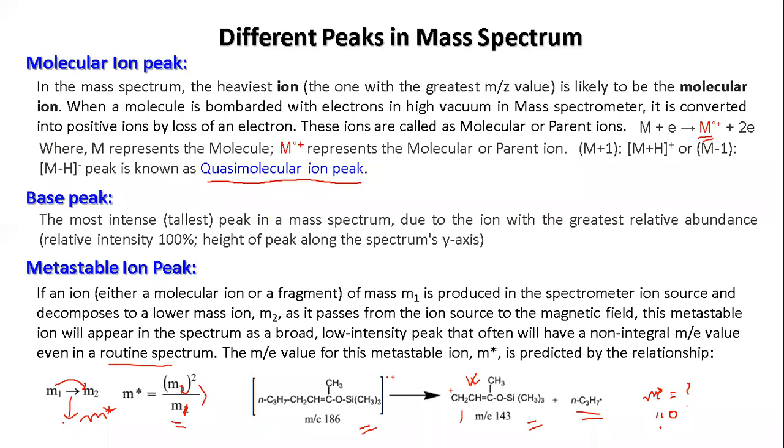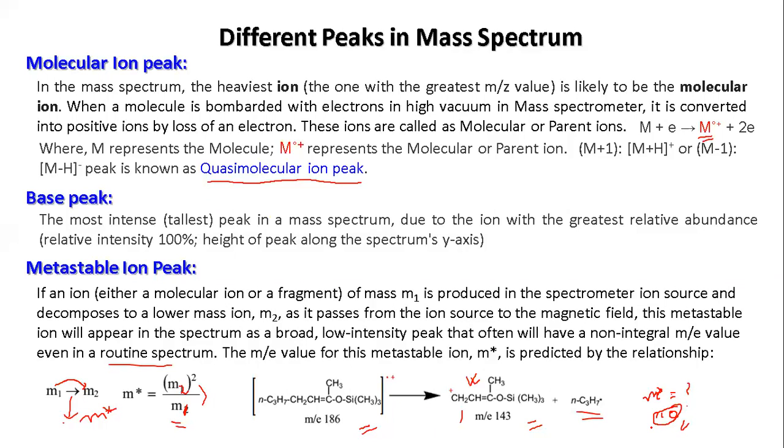Yes, 109.9, so 110. That is the actual value. So at 110 you are expecting one peak. If there is any metastable ion, it will come at 110.